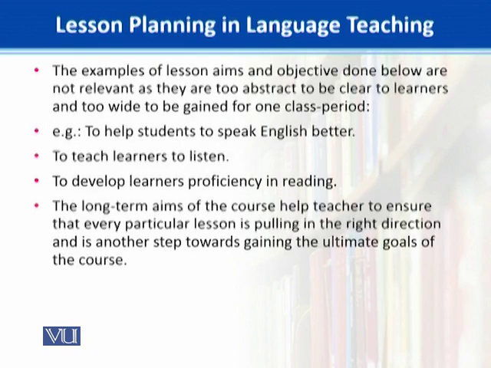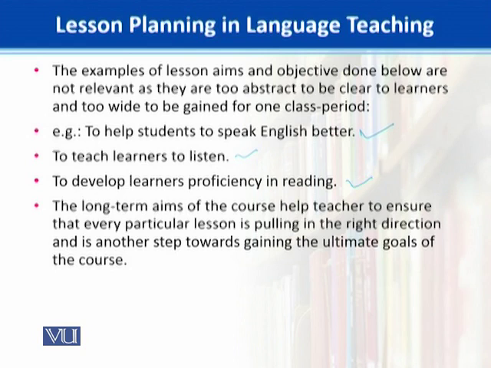The examples of lesson aims and objectives given here would help you understand this further. For example, help the students to speak English better, to teach learners to listen. So each time one particular skill is focused, to develop learners' proficiency in reading, again for example.